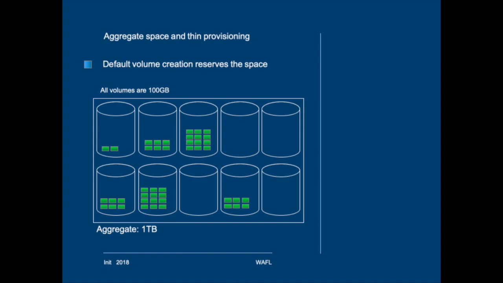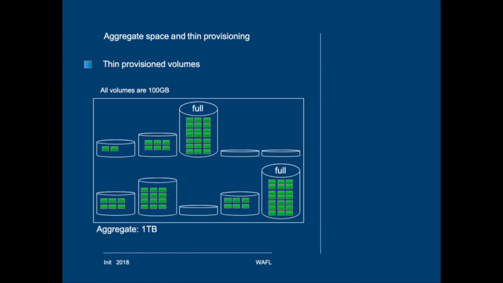So that would give you 10 volumes in total, even though you would not use a lot of data blocks in these volumes. So in this example you see 10 volumes of 100 gigabytes, most of which only use a little bit of space. Now if one or more volumes do fill up and want to grow, then there will be no space available in the aggregate, even though some volumes have very little or no data.